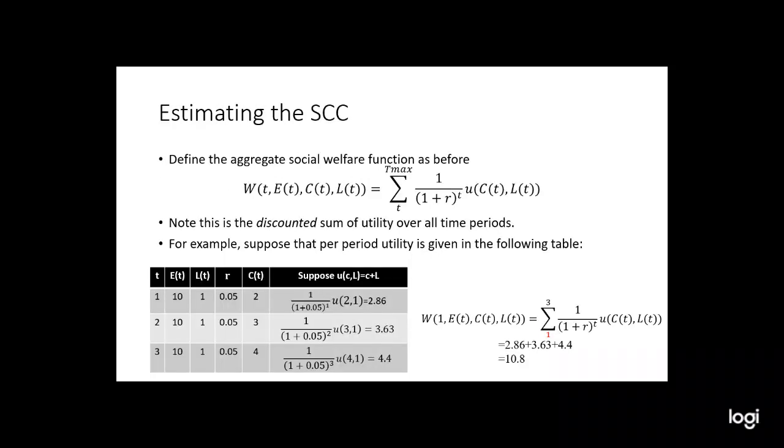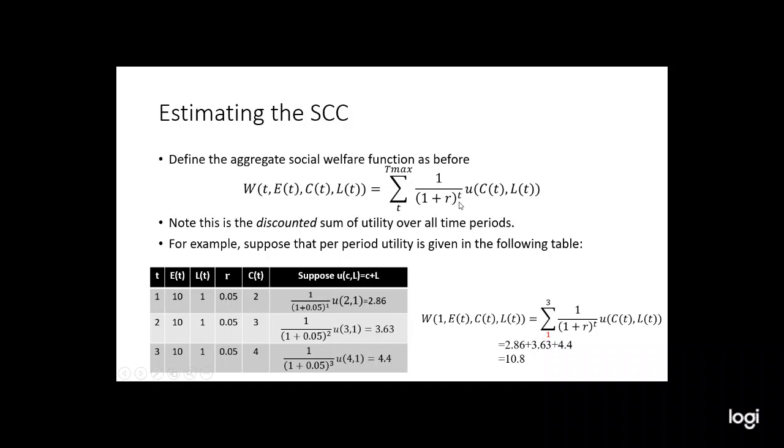But first, let's talk about how, in theory, we would estimate the social cost of carbon. So we define the aggregate social welfare function as before. If we look at this slide here, it's welfare, which is a function of consumption and labor. But this is discounted welfare, where 1 over 1 plus r is the discount factor raised to the time period t.